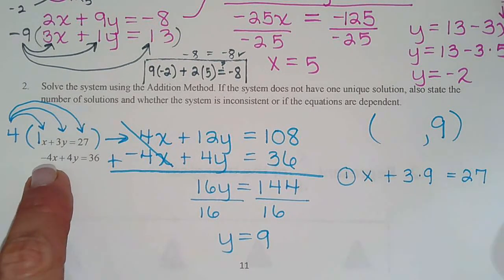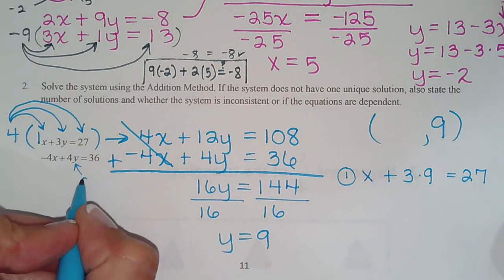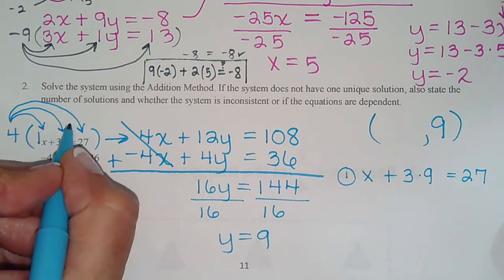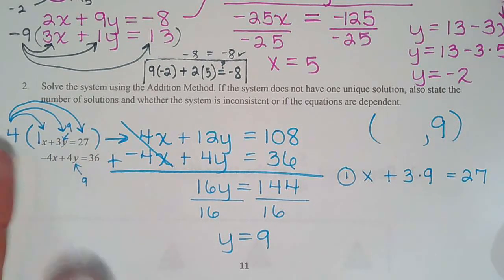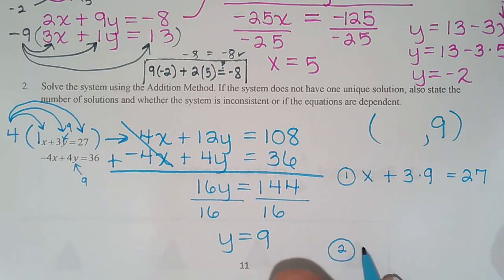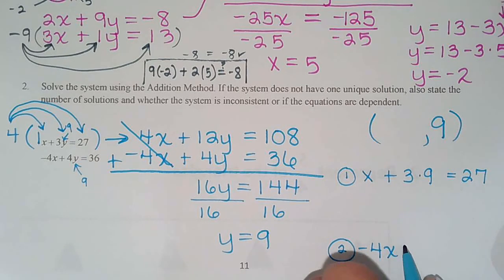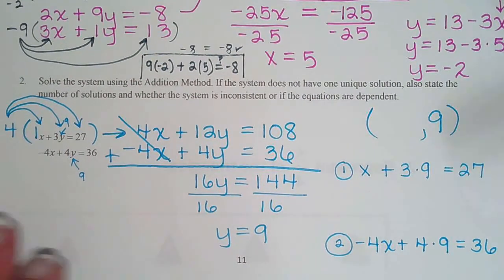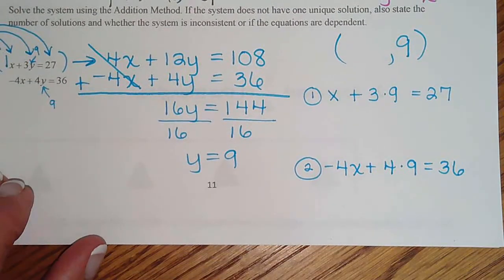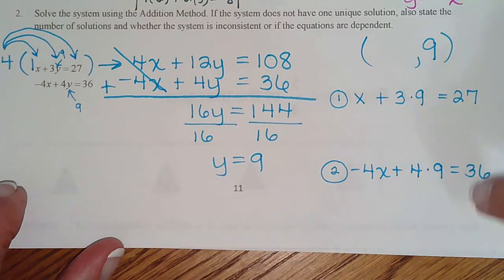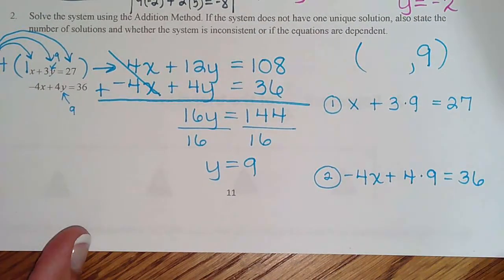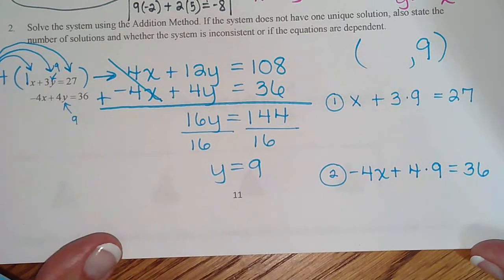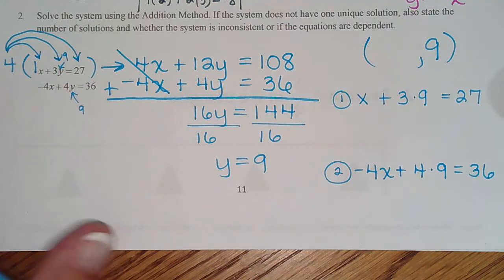Checking into the second, make this 9. -4x plus 4 times 9. And you don't have to put them in both. So if you're rushed on a test and you see your time's running out, you only have to put it into one. But if you plug it into both, your check's done, so you don't have to come back and check it later. So it's an extra 10 seconds, I think.